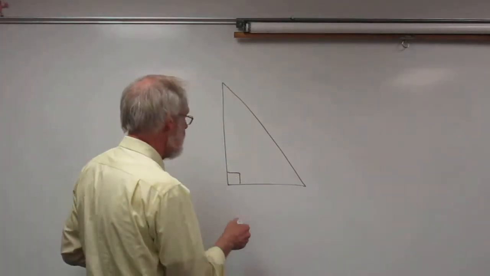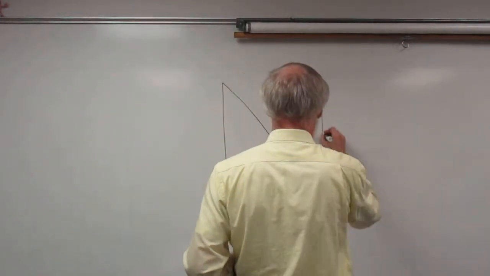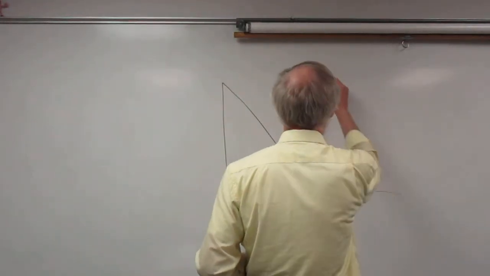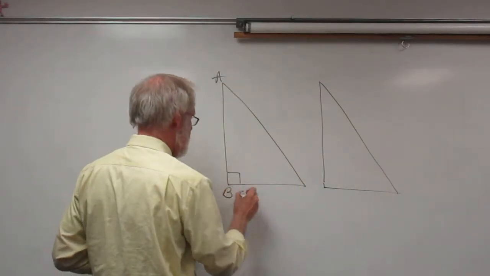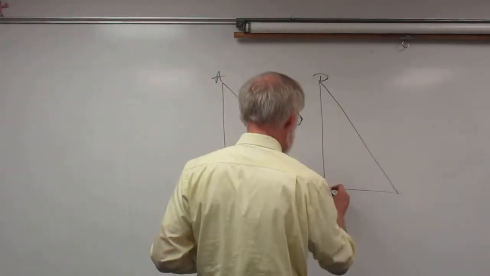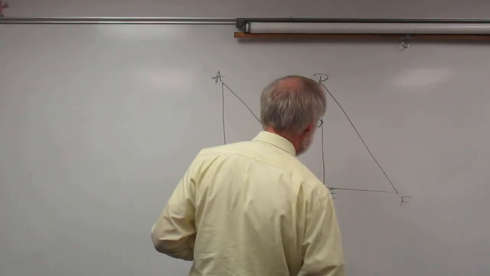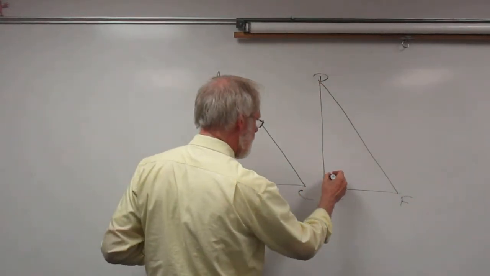This theorem says that if you have two right triangles, and you are trying to establish them as congruent, let's call this A, B, C, and D, E, F, and they are both right triangles.